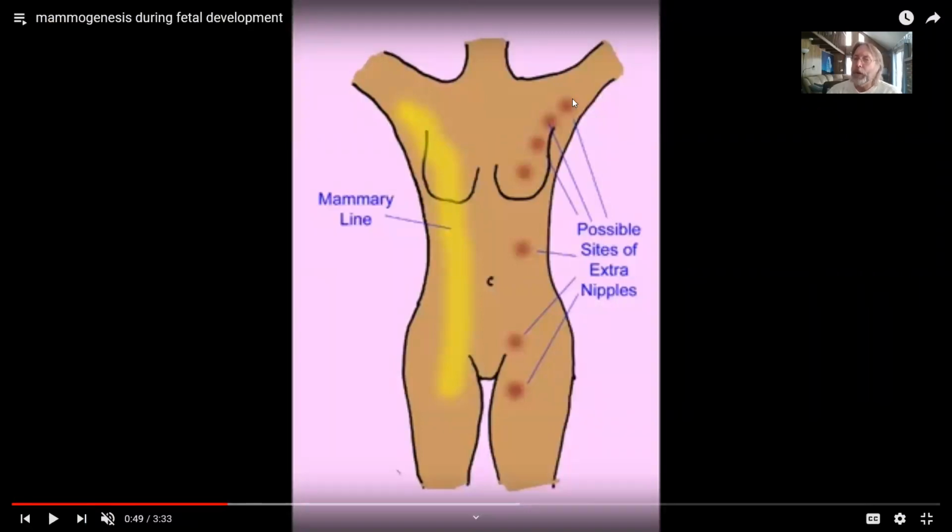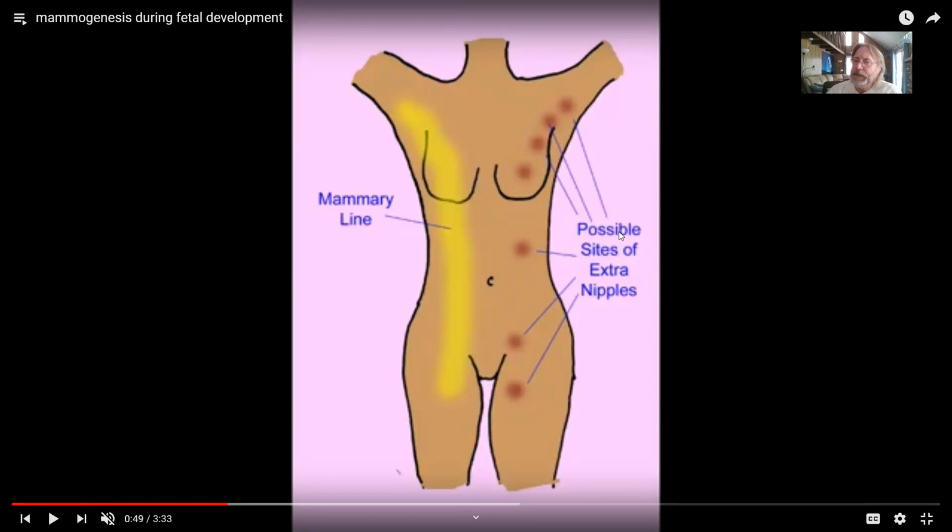An embryo of mammals, all species, develops a mammary ridge stretching from the armpit down the chest and thorax to the thigh. This mammary ridge here in yellow contains the cells which are capable of then forming mammary glands.